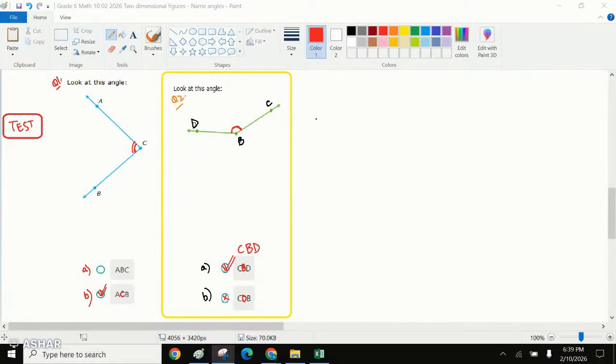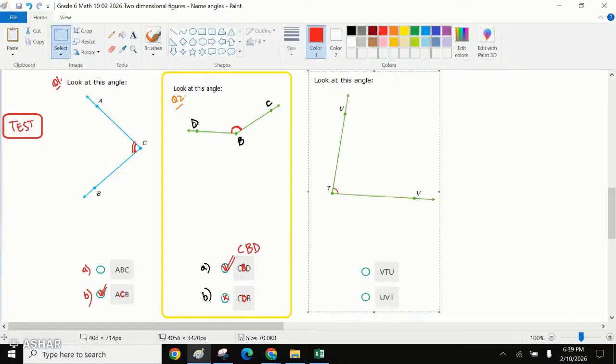Let's have a look at the next question, question number 3. The question number 3 says, if this was a diagram given to us, and these are the two options, and the labelings were U, T, and V. So which option should be correct?